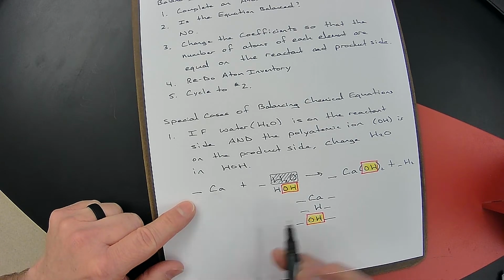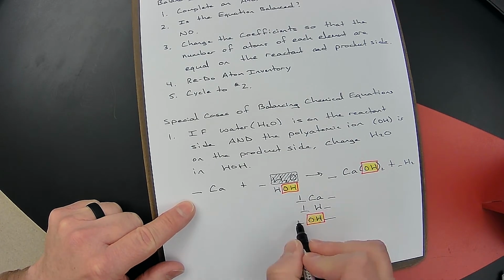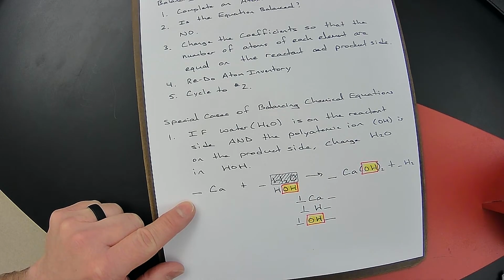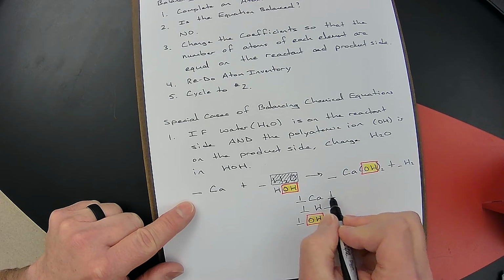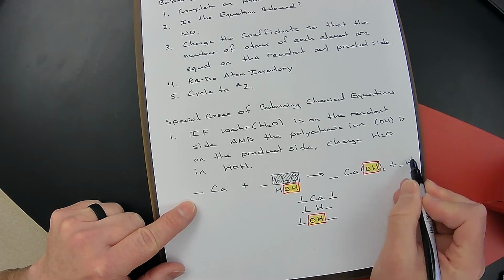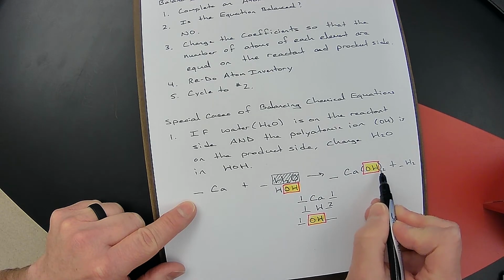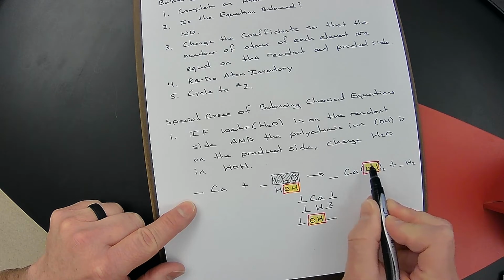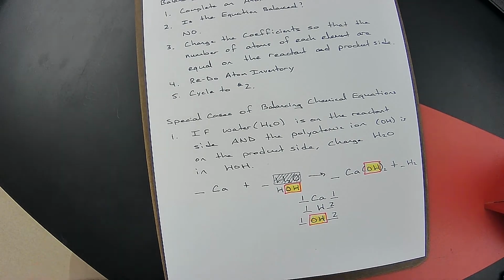So when we count, we get 1 Ca, 1 H, and 1 OH on the reactant side. Over here, we get 1 Ca, we get 2 individual H's, but look, there's a 2 on the outside of this, so we get also 2 OH's.